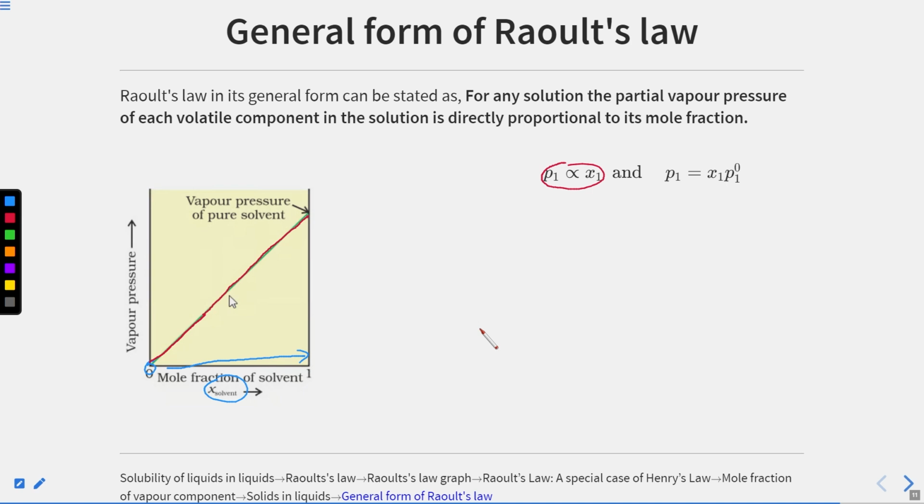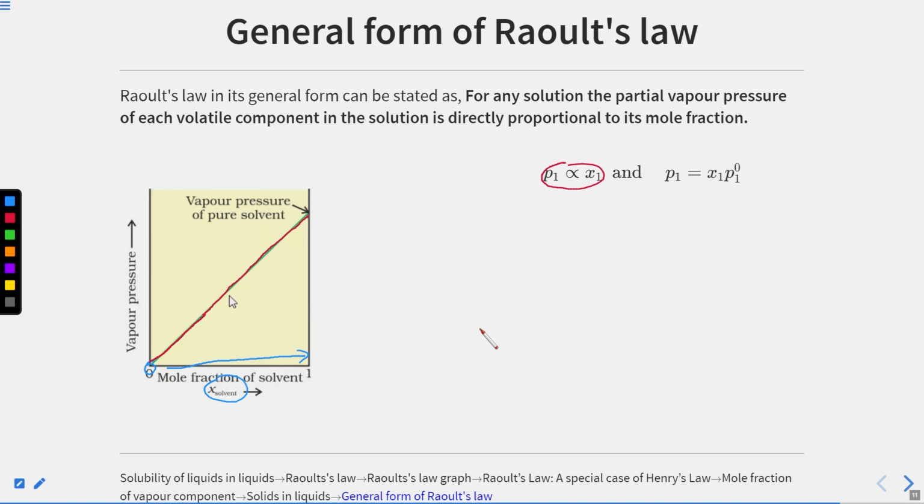It was Raoult's law. Then we have a formula which is an analogy of Raoult's law, and it says that the partial pressure is also proportional to the mole fraction of the gaseous component. Because it is the gas whose partial pressure we are calculating, it is directly proportional to the mole fraction of the gaseous molecule that is present in the container.